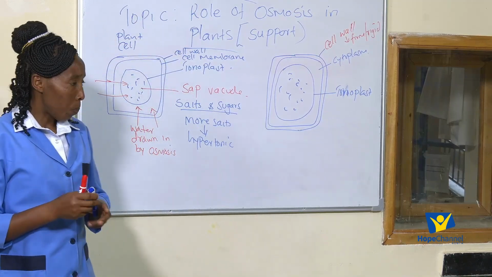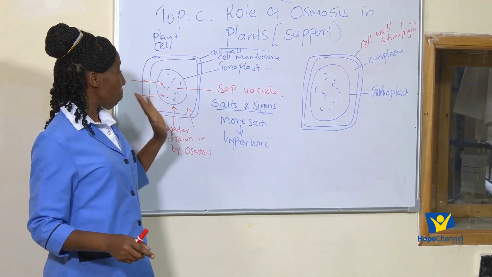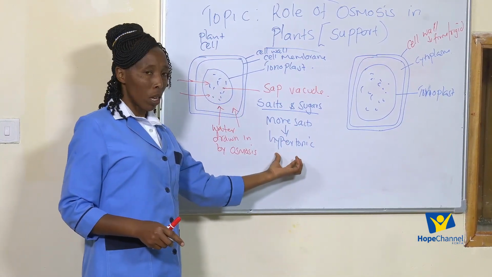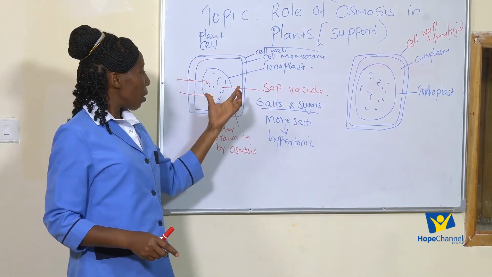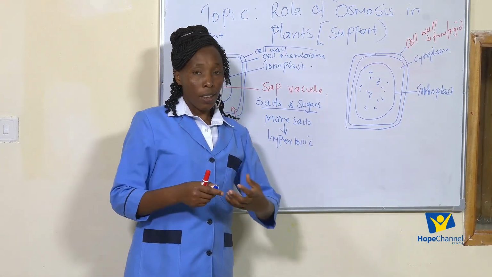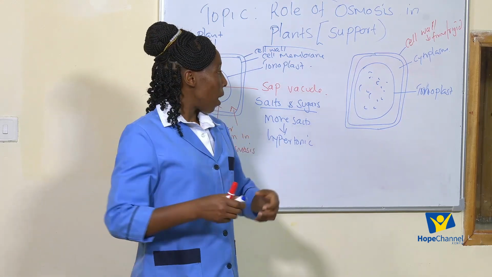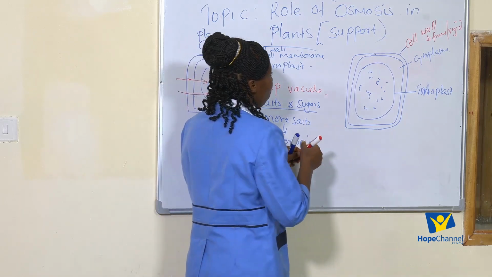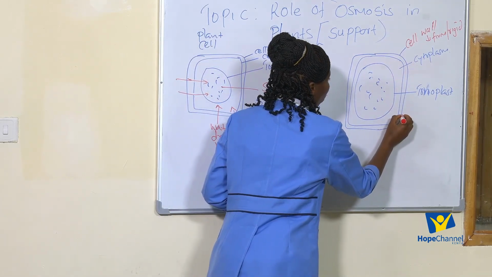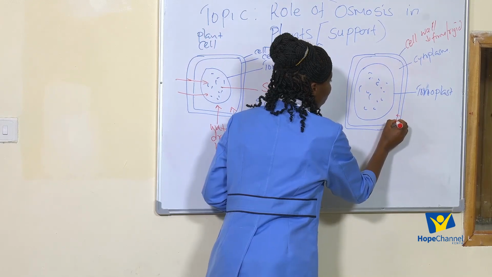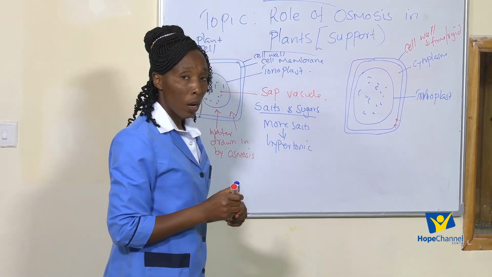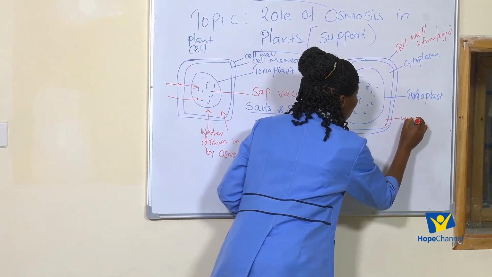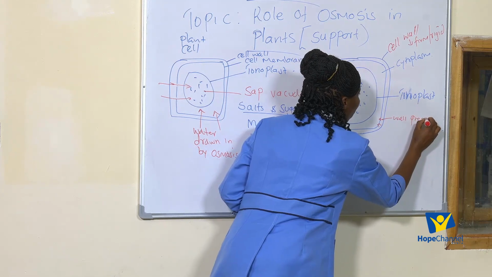So from the two setups, if inside the sap vacuole it is hypertonic, then we expect that cell to draw in water, and we expect it to distend. As it does that, you realize that the cell wall also creates a force that is equal and opposite to turgor pressure, and that force is what we call wall pressure.